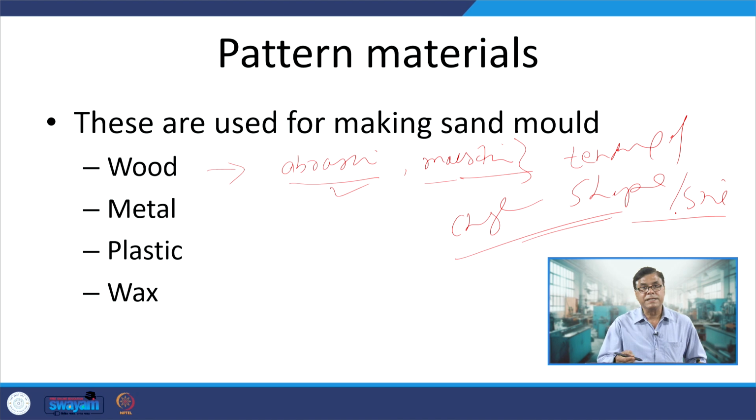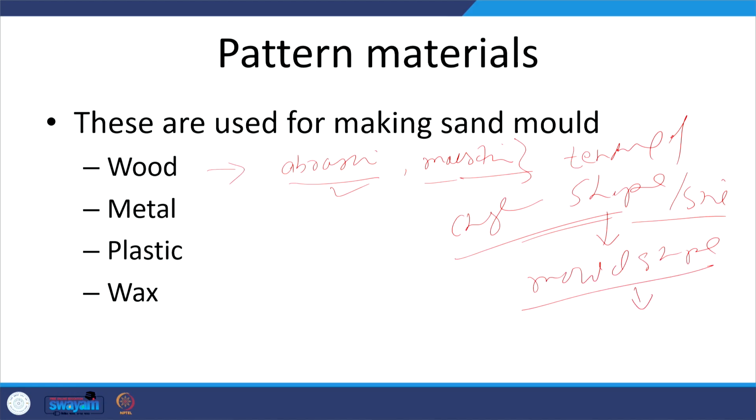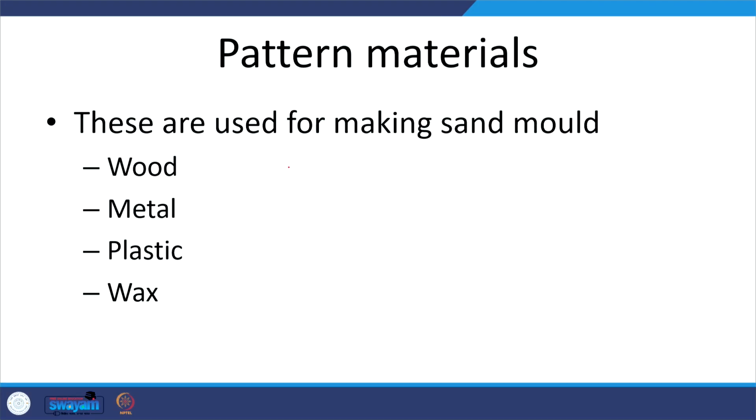If the size and shape of the pattern is modified, then accordingly our mold shape will be modified and we will get a product of a size and shape which is not desired. So, the purpose of making the product by the casting route will be defeated. We need to be very careful regarding this aspect of wood. Although it is cheapest, it suffers from change of shape and size due to abrasion particularly and moisture absorption, which can lead to distortion.